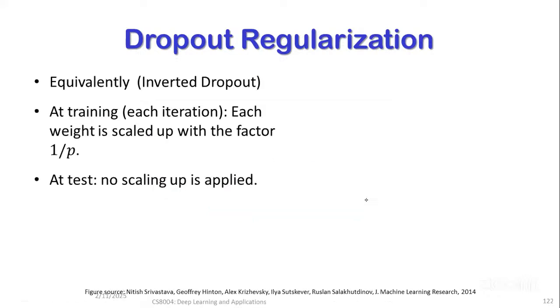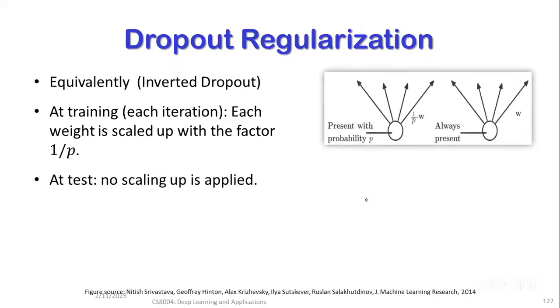Equally effective is inverted dropout. Now you can see here p, and what we are saying, at the training, each weight is scaled up with a factor 1 by p. And at the testing, no scaling is applied.